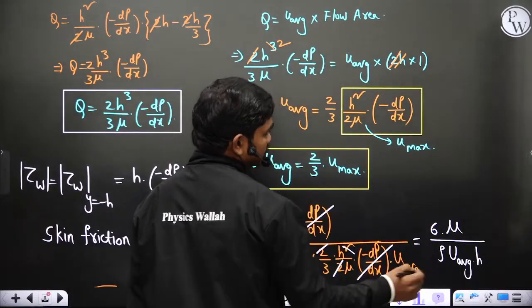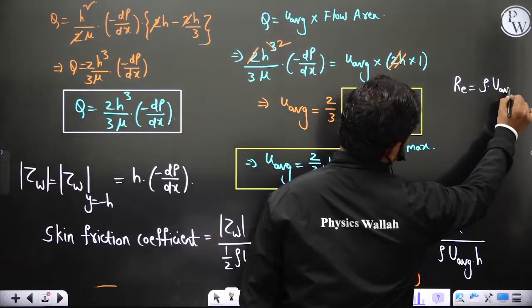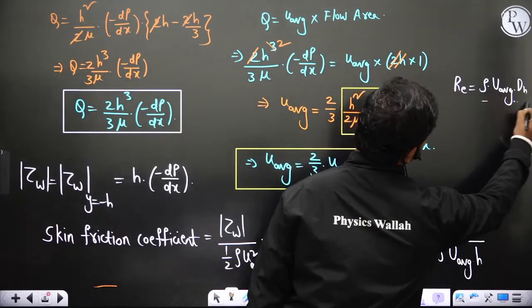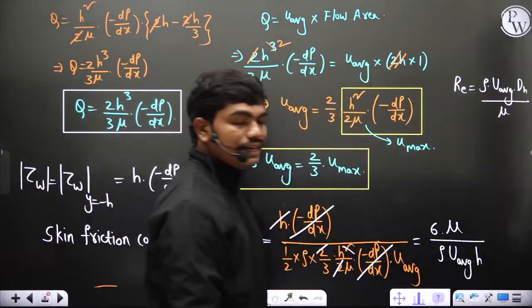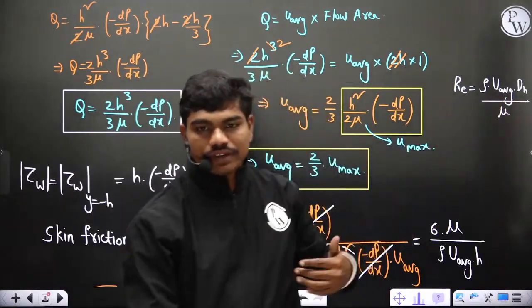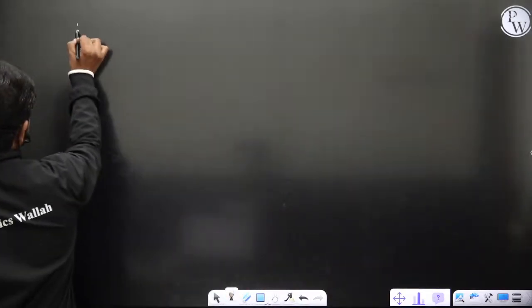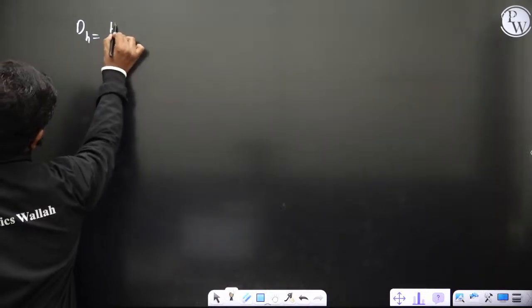If you see something here, you know Reynolds number is equal to rho u average into hydraulic diameter by mu, correct? Rho Vd by mu. Normally this d is actually the hydraulic diameter, okay, which I'll tell you right now. dh, if you see carefully, dh is something called hydraulic diameter.